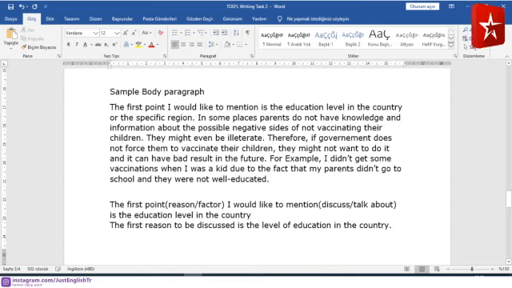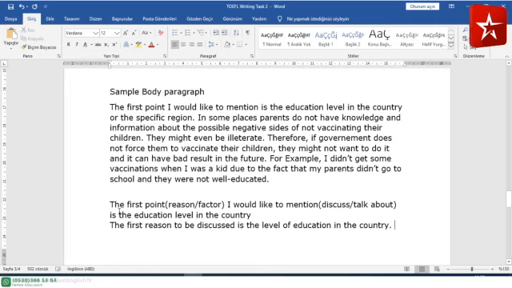Okay, you should not copy any sentence or the sentence structure in your essay because it will not give you good points. So always try to change the structures or the words. For example, if you start the first paragraph with the first point I would like to mention is, in the next paragraph you can say the first reason to be discussed. So you are showing the range of grammar structure, okay? This is what you can do.